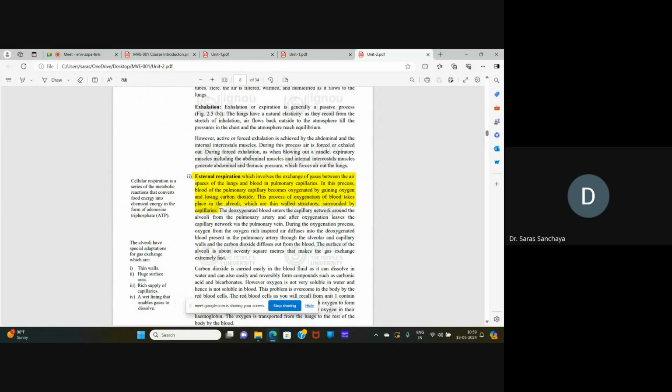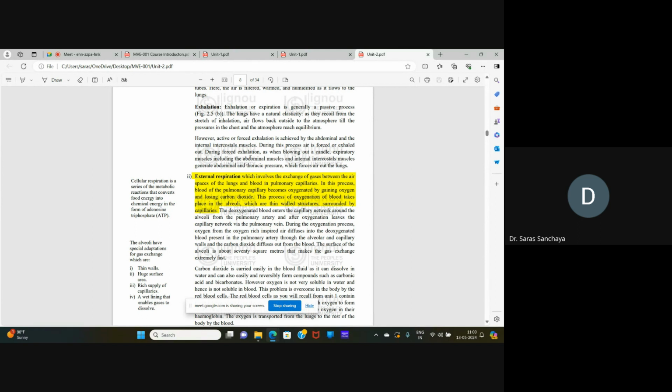We come to external respiration, which involves the exchange of gases between the air spaces of the lungs and blood in pulmonary capillaries. In this process, the blood of the capillary becomes oxygenated by gaining oxygen and losing carbon dioxide. This oxygenation of blood takes place in the alveoli, which are thin walled structures surrounded by capillaries.